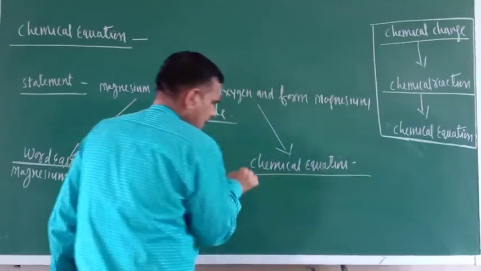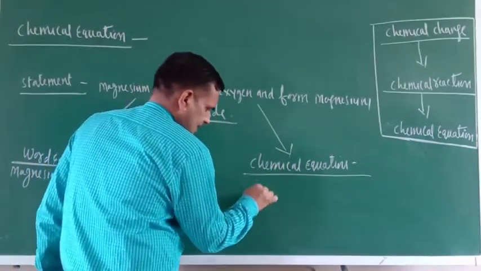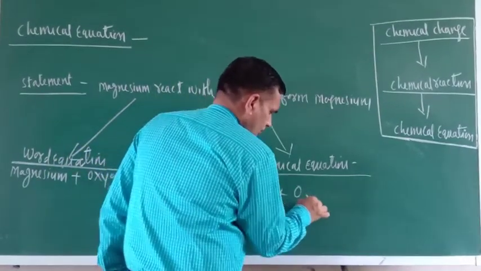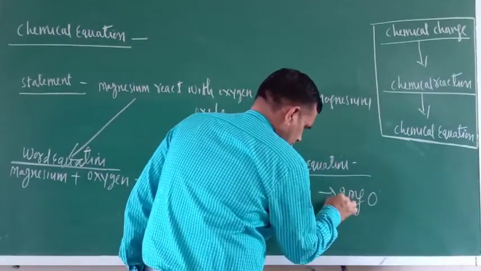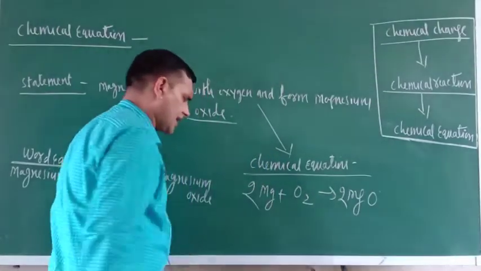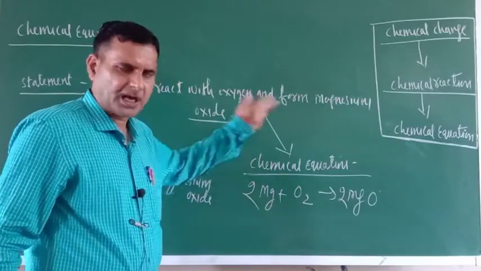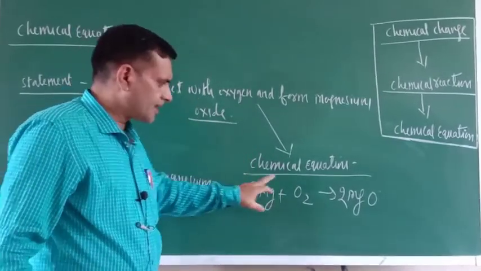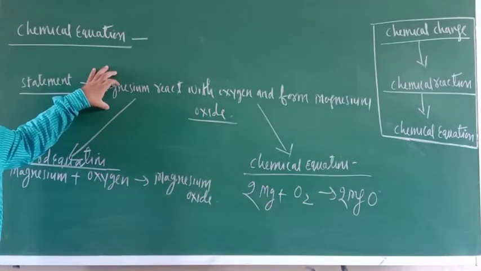Chemical equation means the same sentence I can write with the help of chemical formulae and symbols: 2Mg + O2 gives 2MgO. Okay, don't pay attention to the 2 here, this is balancing of chemical reaction, I will teach later on. Now this is the statement, correct?